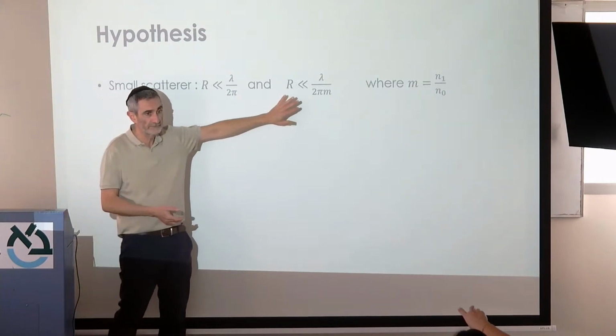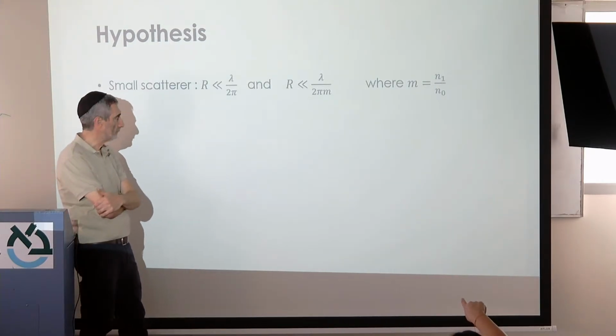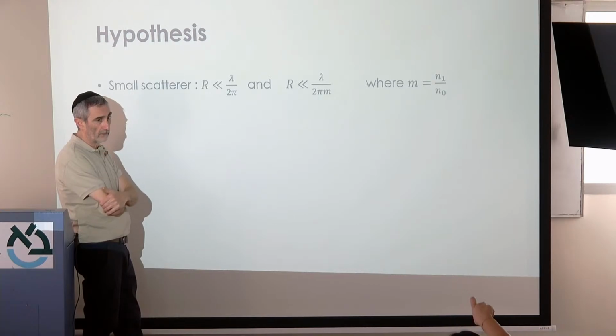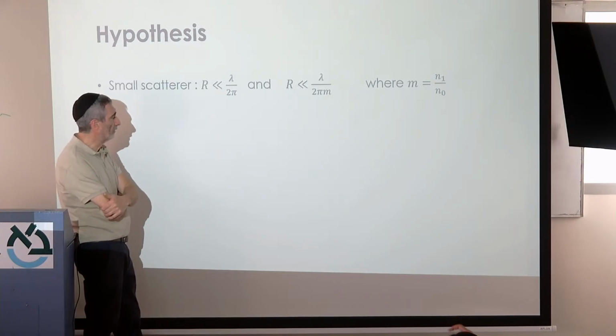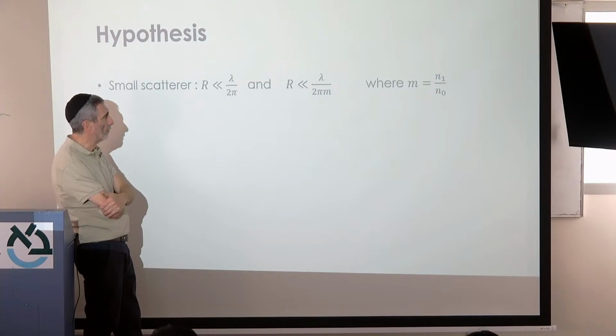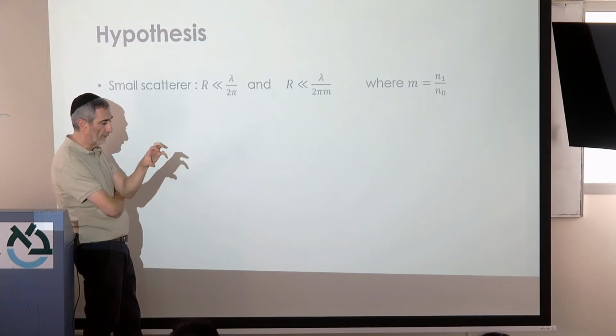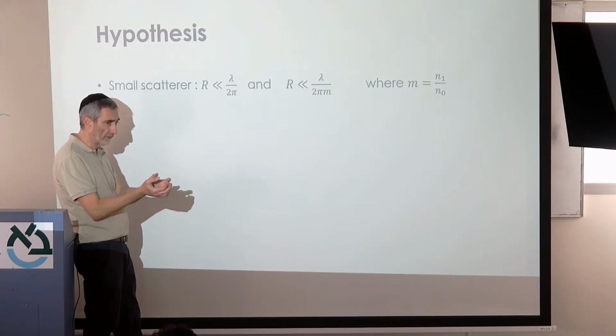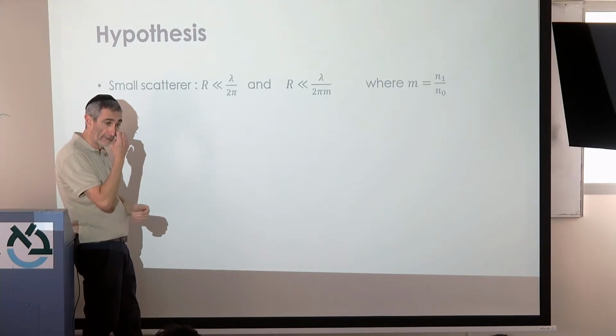Yes, I wanted to ask about the m. What is important is the ratio between the index of refraction inside the scatterer and outside, not only N1.